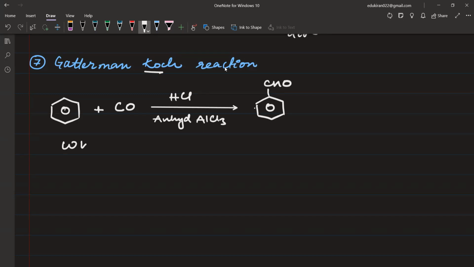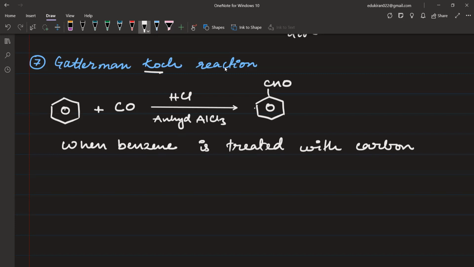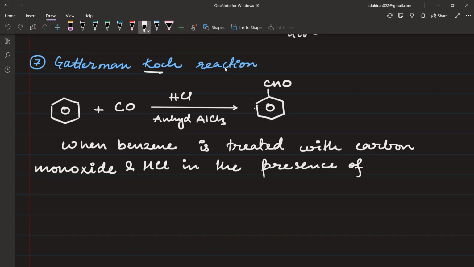Please write: when benzene is treated with carbon monoxide and HCl in the presence of anhydrous AlCl3, it gives benzaldehyde.